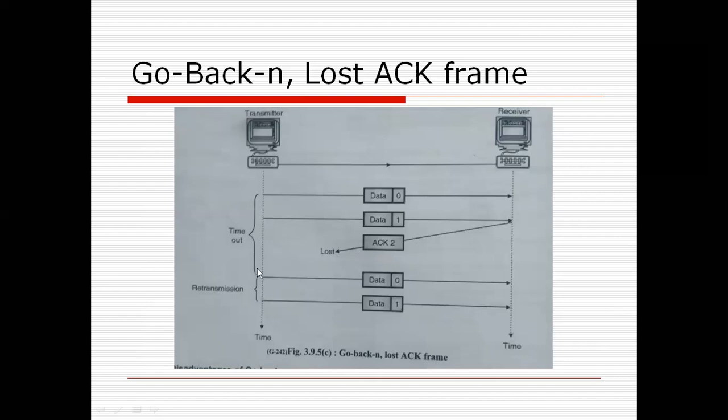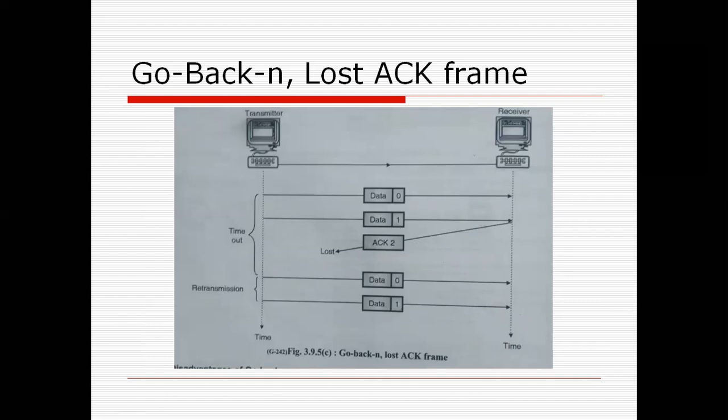Until the timer is out, the sender will wait for the acknowledgement. After the timer is out, the sender will again retransfer frame number 0 and frame number 1. So when frames 0 and 1 are received by the receiver, it will assume that its acknowledgement frame has been lost. In this fashion, the Go-Back-N sliding window protocol works.